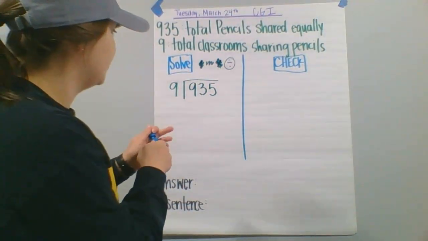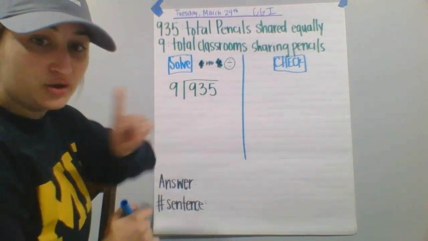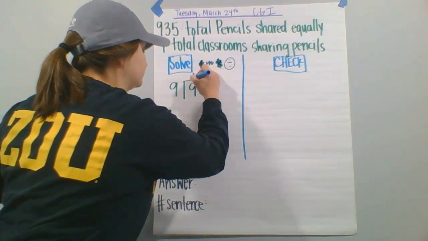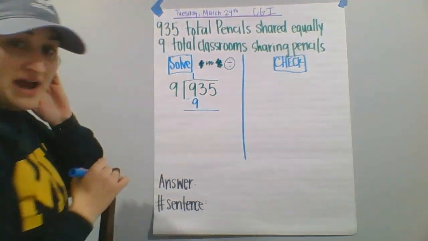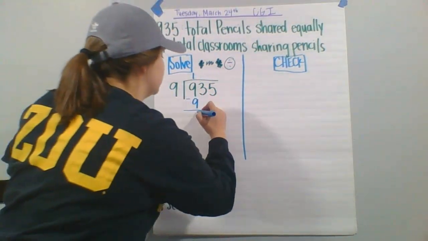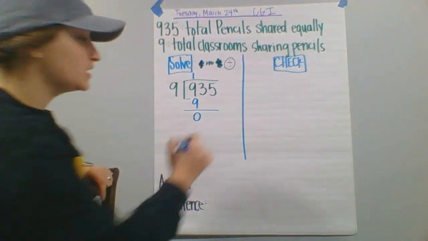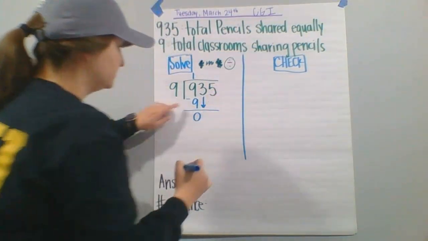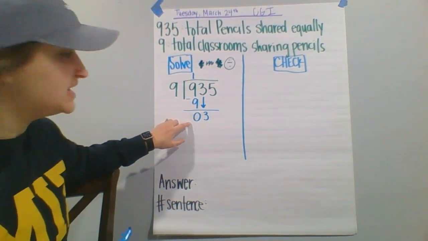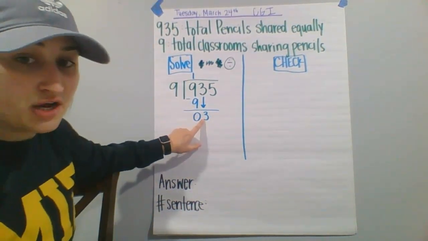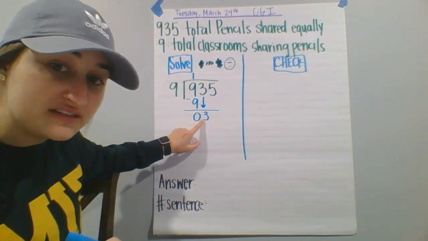So 9 can go into 9 one time. 9 times 1 is 9. Subtract, 9 minus 9 is 0. Bring down your 3. And this is where it gets a little bit tricky sometimes. 9 cannot go into 3, but that doesn't mean that we bring the 5 down.